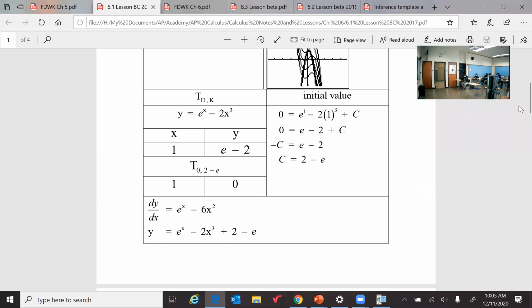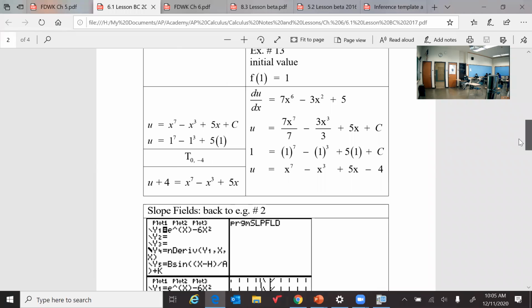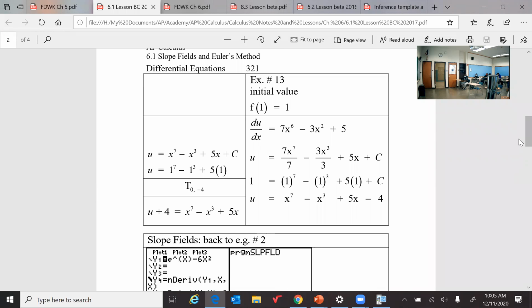All right, you be here. How will we reverse? We get 7x to the 7th divided by 7. Subtract 3x to the 3rd divided by 3 equals 5x. The 3's are reduced, the 7's are reduced. We get x to the 7th, subtract x to the 3rd equals 5x plus some constant. The initial value is 1, 1.